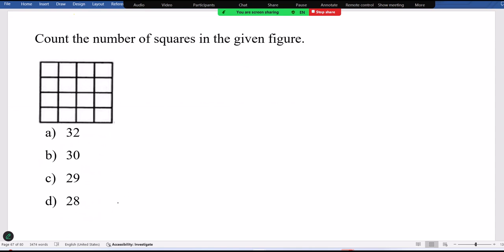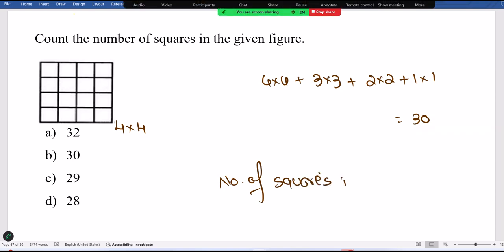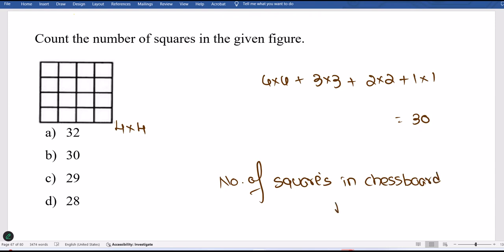For squares, if it is 4 rows and 4 columns, then your answer should be 4 into 4 plus 3 into 3 plus 2 into 2 plus 1 into 1. The common question which they generally ask in interviews is the number of squares in a chessboard. Guys, has anyone answered me? Number of squares in a chessboard. Pretty much a question they'll ask in interviews.